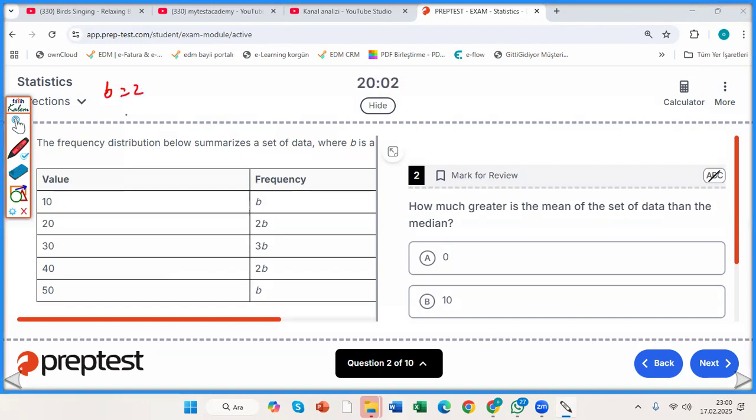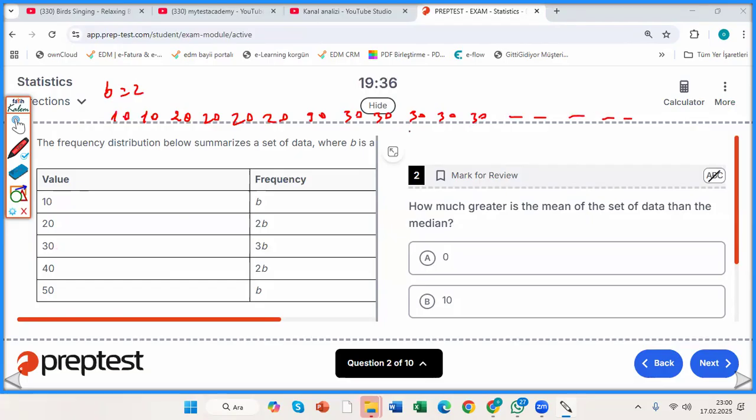So right now let's start with 10, 10, 10, 10, and 2b, it means there is going to be four repeating values for 20, 20, 20, 20, and then 6 times 30, 30, 30, 30, 30, 30, and so on.